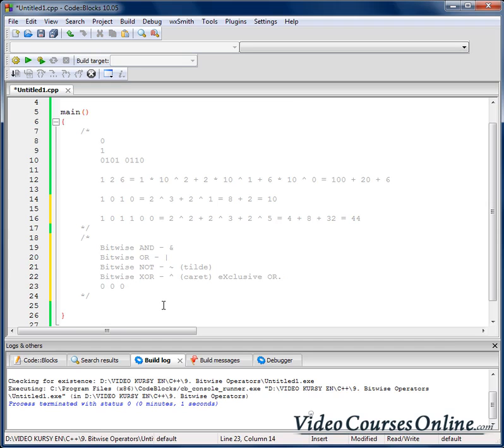Because we have only 0, 0, so what to choose here. 0 and 1 will give us 1 because we can choose the right alternative here, for example that guy, and 1, 0, which gives us 1 because we can choose the right alternative here too, for example that guy, and 1, 1, which gives us 0 because we cannot choose more than one alternative in exclusive OR.